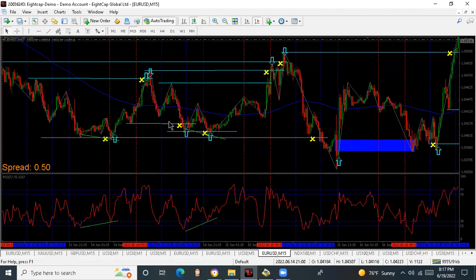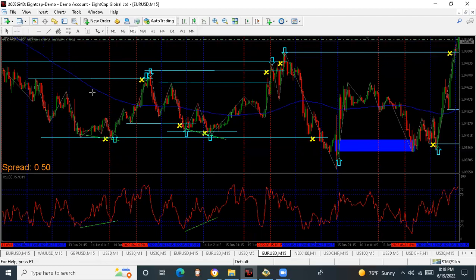Look at that move. Okay, so on these divergence moves, it's against this major downtrend, but we have divergence showing a nice move, a high, lower high, lower high. Yeah, this is diverging.